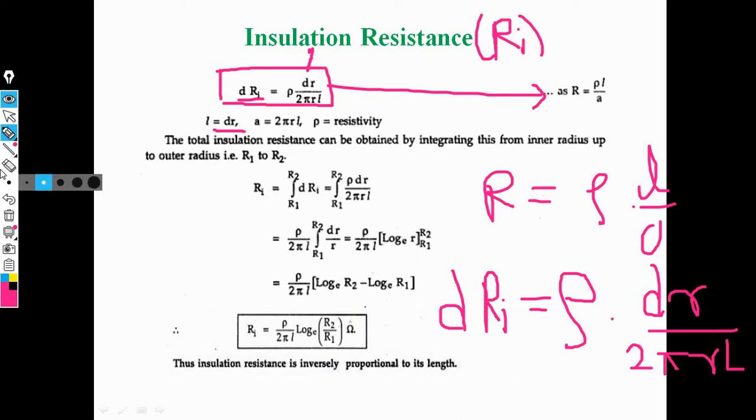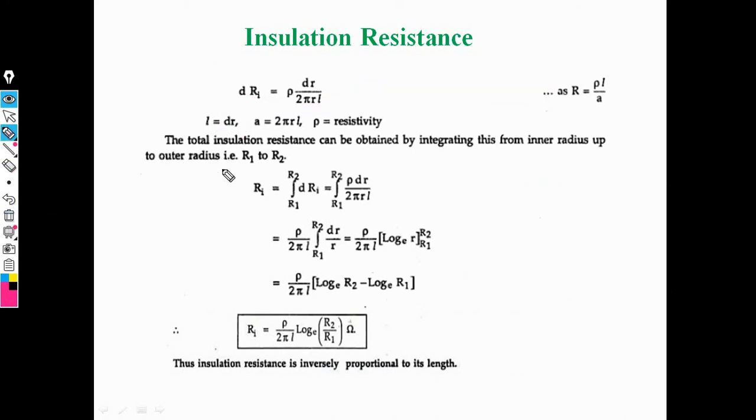Now we calculate the insulation resistance Ri. Here we have considered two radii, R1 and R2.